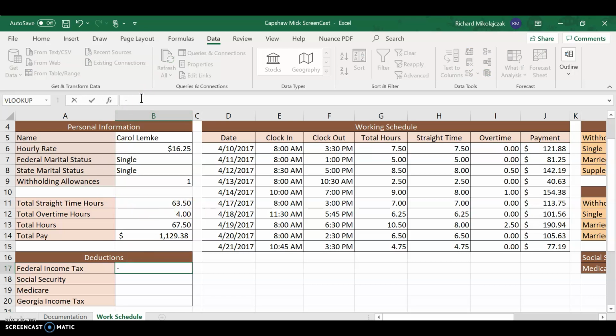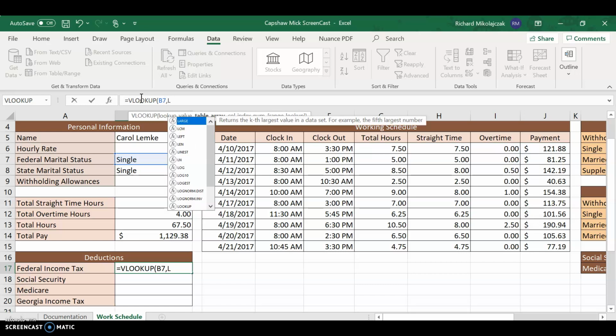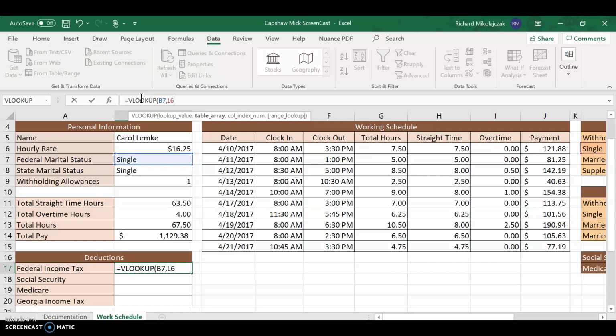Equals VLOOKUP. We're going to have our B7, which is federal state, and the columns that we're using, L6 all the way to W8.